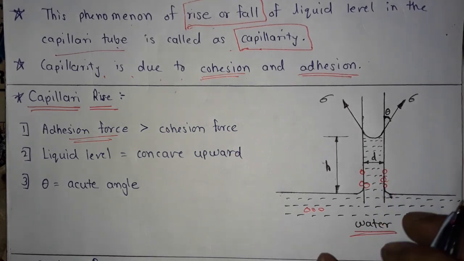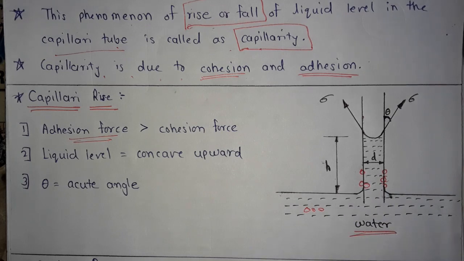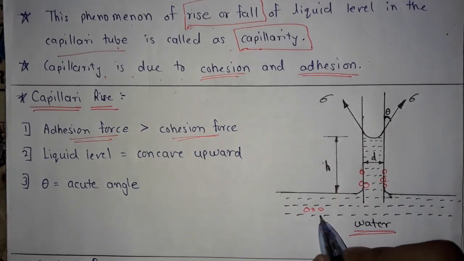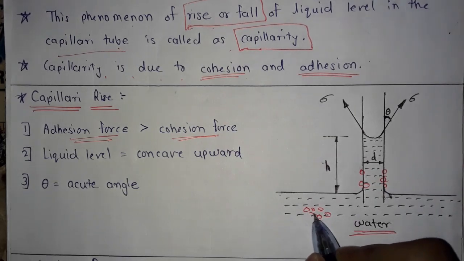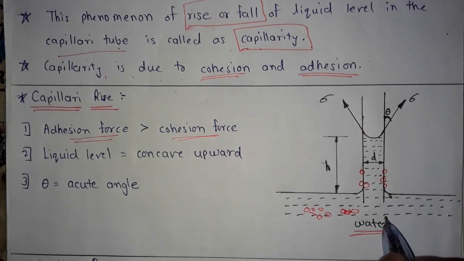That is the attraction force between these two substances. And cohesive force means the force between the water molecules only. Between, suppose, these two molecules, the attractive force between these two molecules.